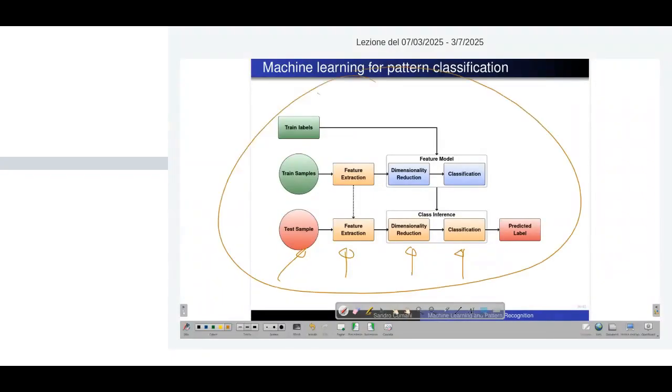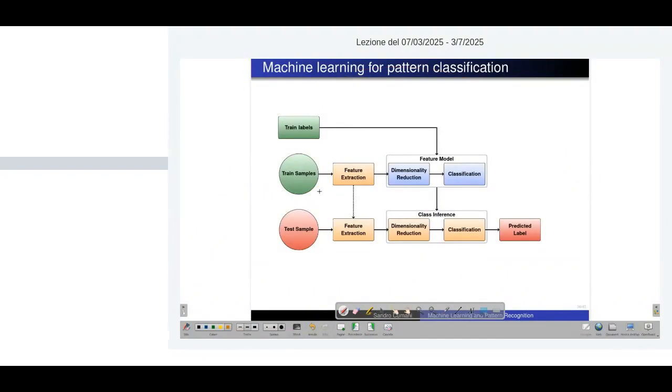We will have a training set, and from the training set data we will extract features, and then we will use the training set to build the models for dimensionality reduction and classification. Then the inference stage will leverage the models that we have learned from the training set.